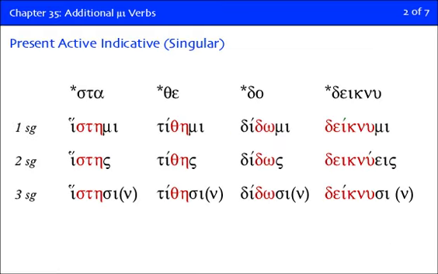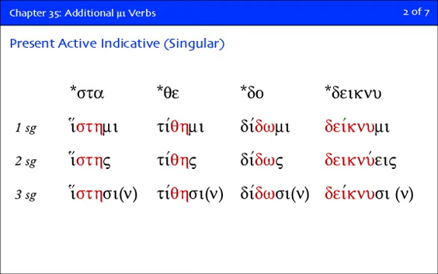Mi verbs are categorized on the basis of the final stem vowel, just like contract verbs. And so what we've looked at are omicron class mi verbs. Didomi, didos, didosi, that kind of stuff. What you're going to find is that the mi verbs in the other classes behave just like didomi does, except for the differences of the vowel.